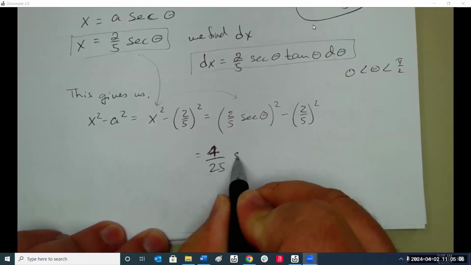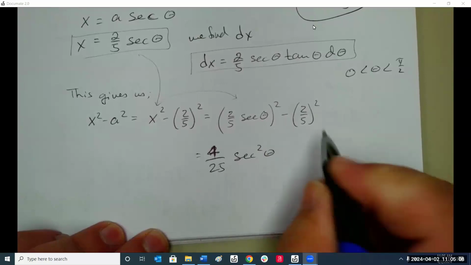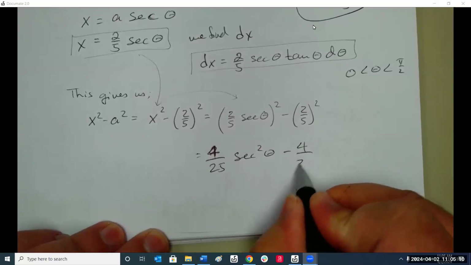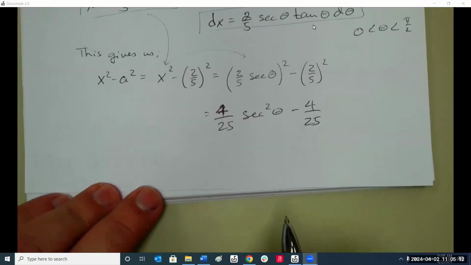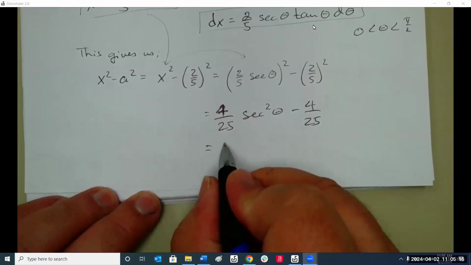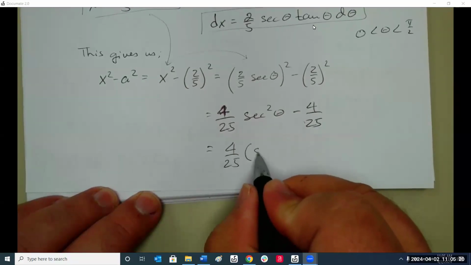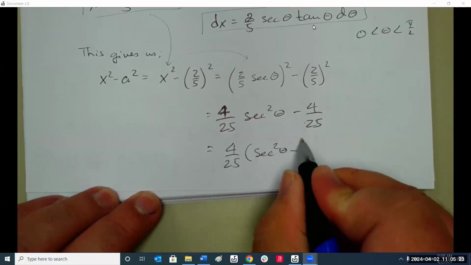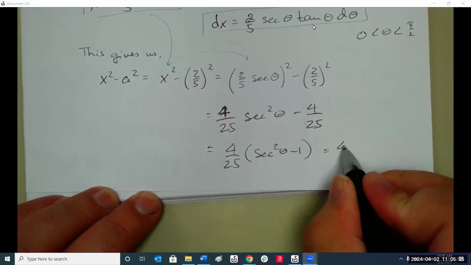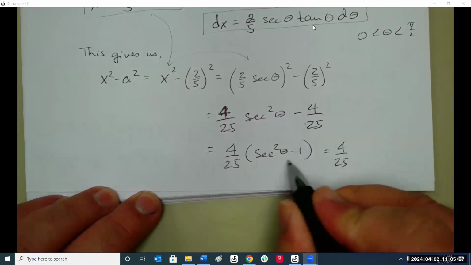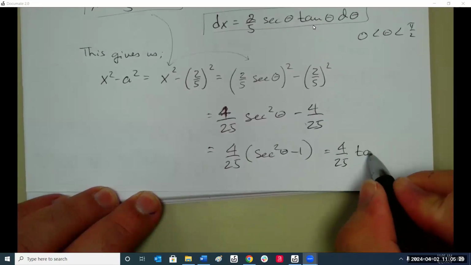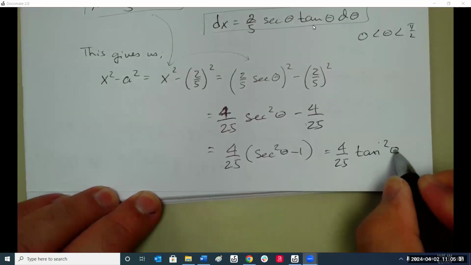Four over 25 secant squared theta minus 4/25. Factor it out. We get secant squared theta minus 1. Secant squared minus 1 is tangent squared theta.